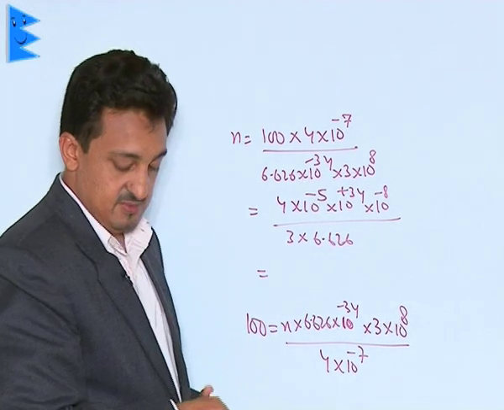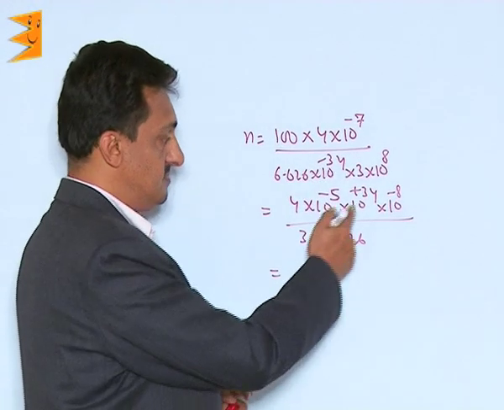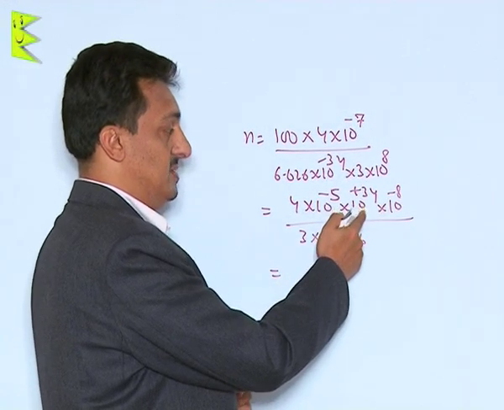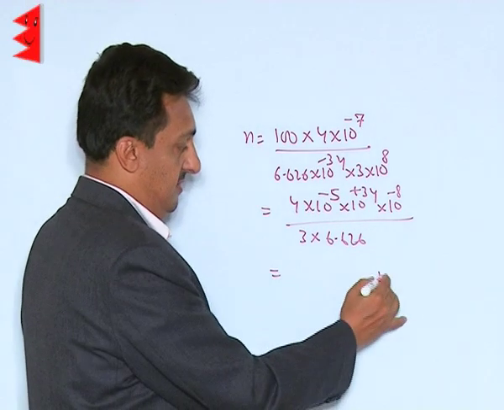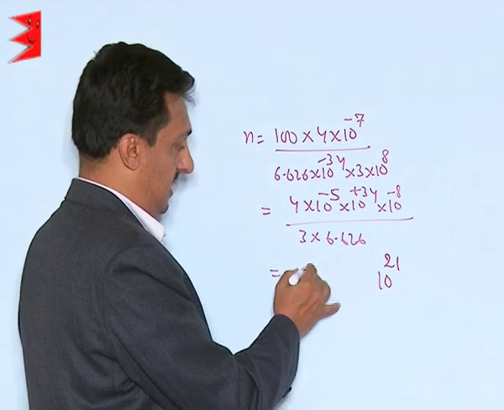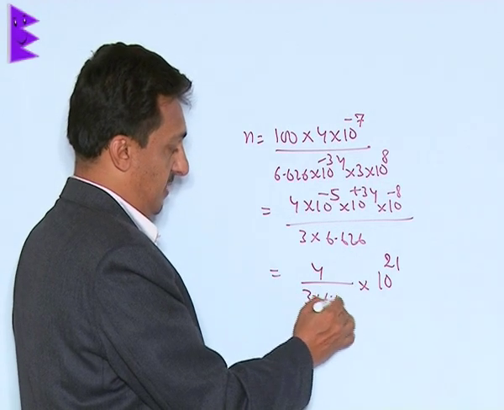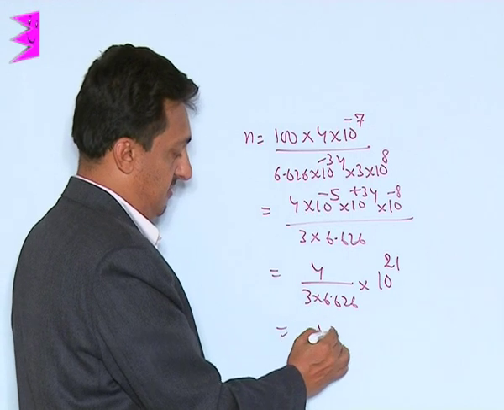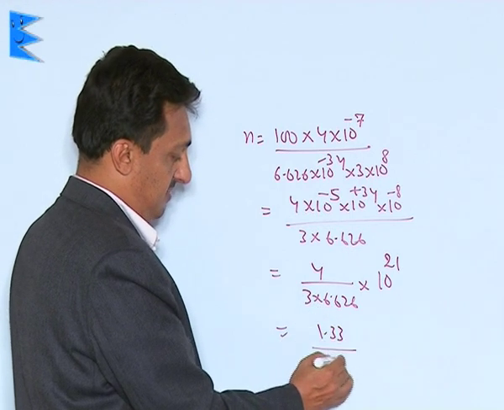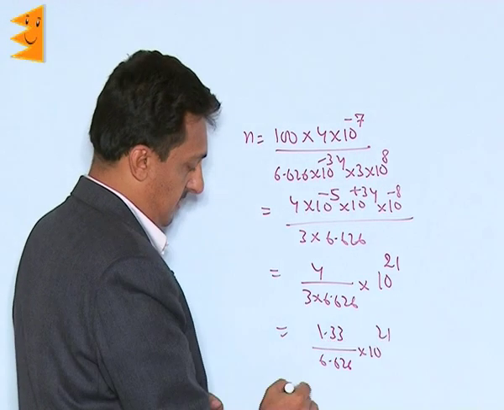Now this value on solving comes out to be plus 29 and minus 8 is plus 21. So this is approximately plus 21. This is 4 into 3 into 6.626. This is almost 1.33 upon 6.626 into 10 to the power 21.